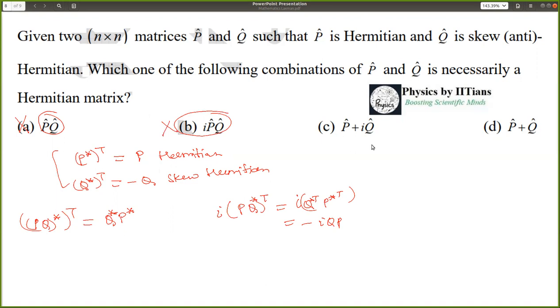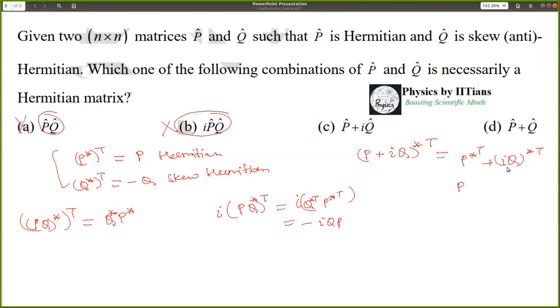Now move to the third statement. It is P plus iota Q. You take the conjugate and then transpose. It will be P conjugate transpose plus (iota Q) conjugate transpose. P conjugate transpose is equal to P here.